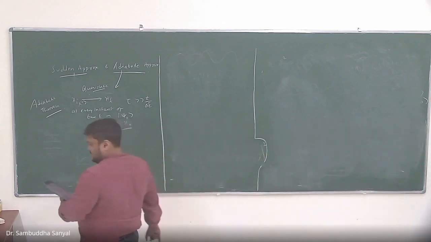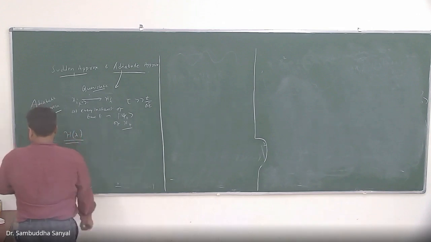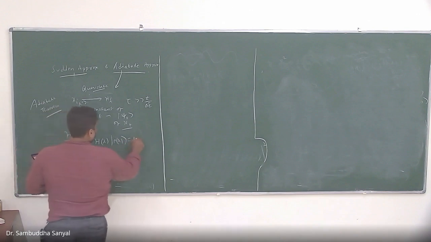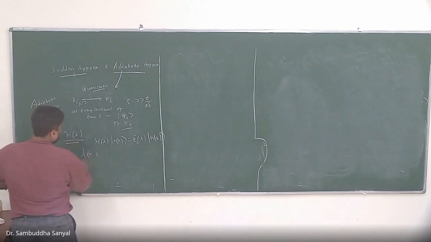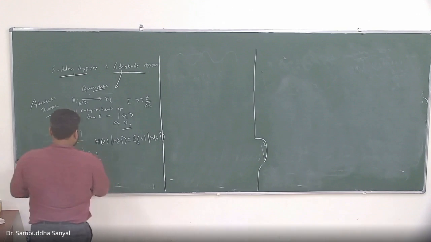In order to do that, let me use a parameter lambda. H(lambda) has eigenstates |n(lambda)>, with eigenvalues E_n(lambda). And lambda is something that is changing with time. Lambda is some function of t.